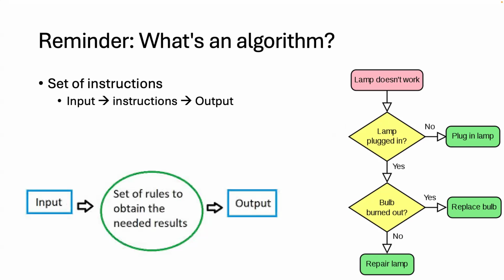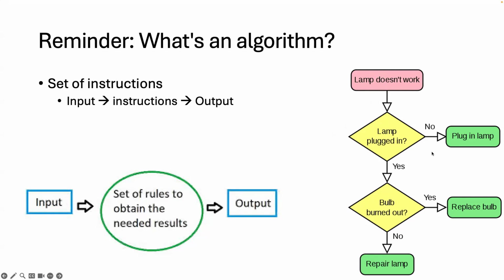Okay, so we talked about what an algorithm is, which is basically we've got an input, some set of instructions to do X, Y, and Z, then we have an output. Here's an example. Let's say one of the lights in the classroom is out, or the lamp doesn't work. First we check, is it plugged in?